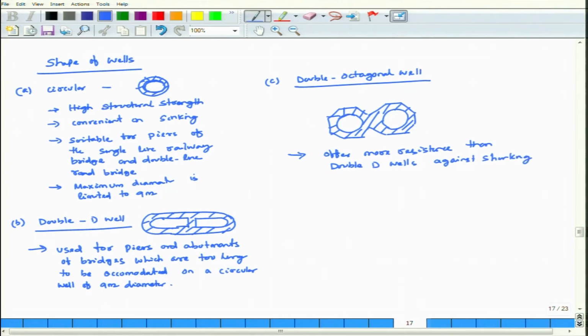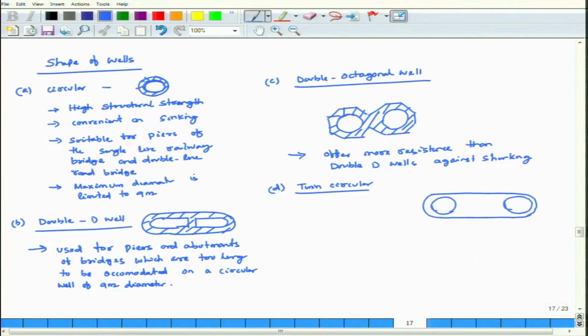Then the fourth is the twin circular. In the twin circular shape, how does it look like? This is the shape of the twin circular.